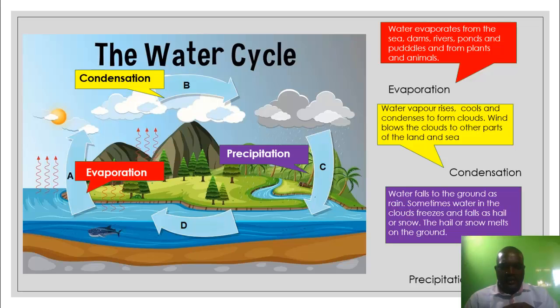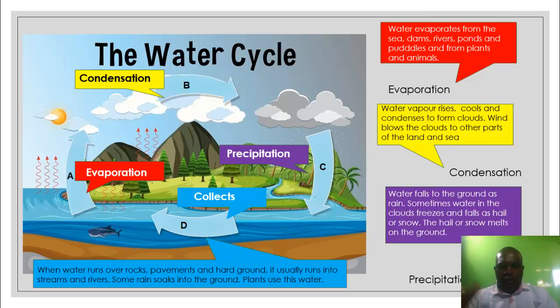And last step is that the water gets collected again, because as the water rains, it runs over the rocks, the pavements, and the hard ground, and it usually runs into streams and rivers. Some of it actually sinks into the ground, and this is now the same water that plants use. And this cycle starts again.